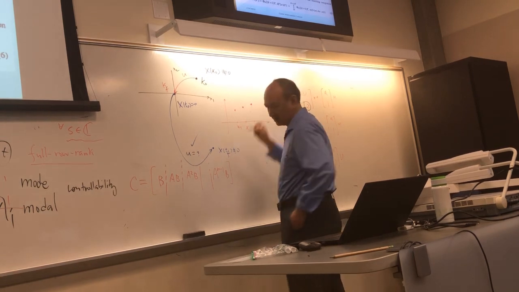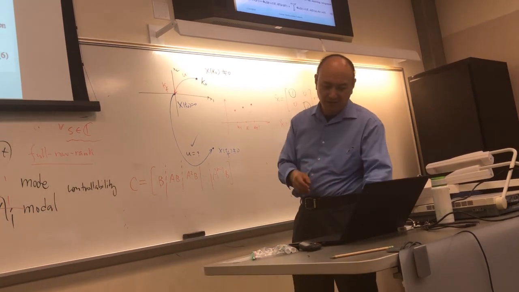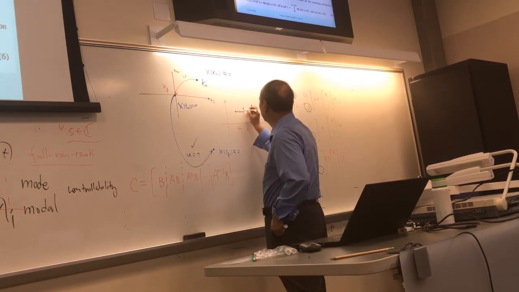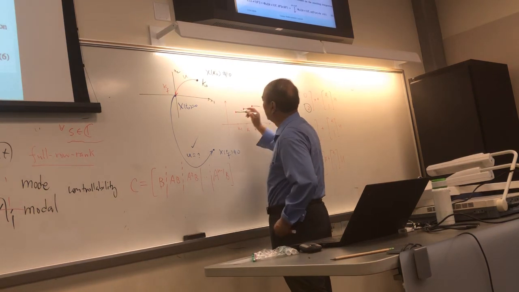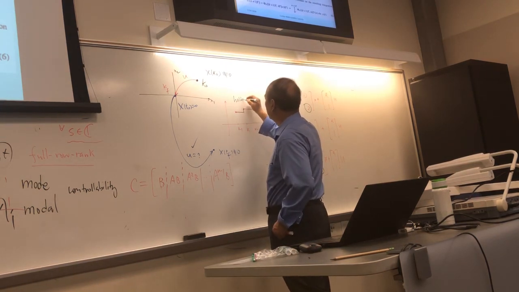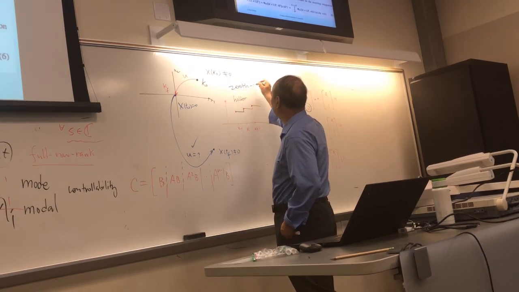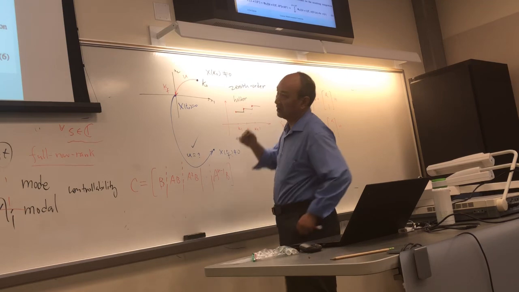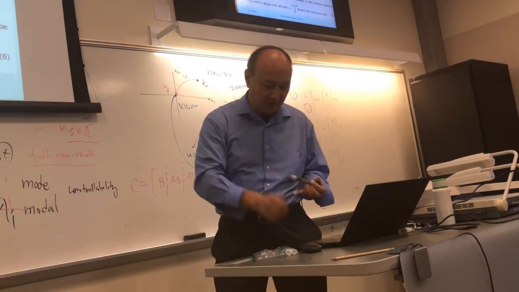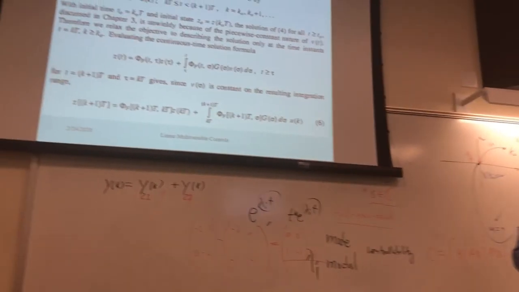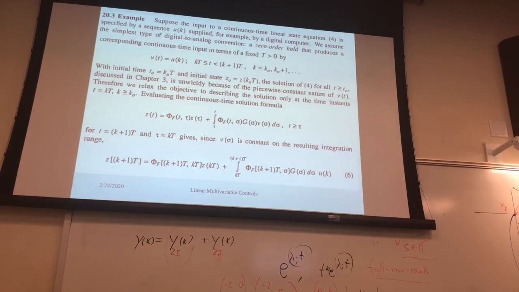It's not like discrete like that. In reality, you hold it, you hold it. This is called a holder, a zeroth order holder. So basically, this equation is a mathematical representation of the zeroth order holder. The v is a held version of the u.